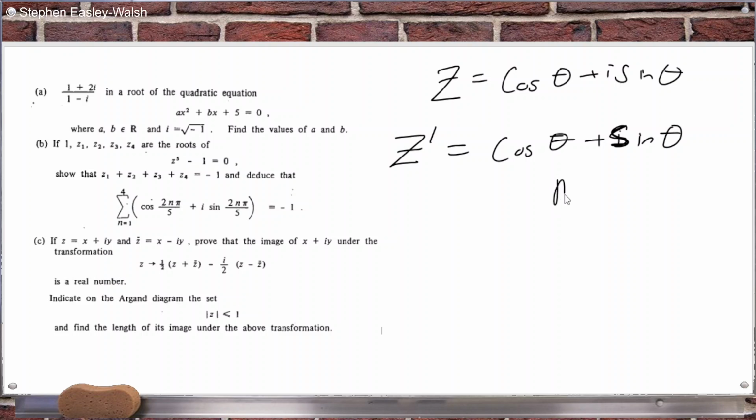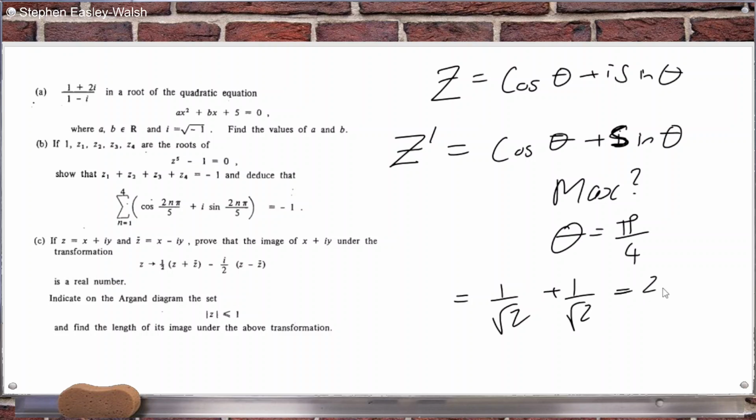So what's the maximum here? The maximum occurs when theta is 45 degrees. So that's 1 over root 2 plus 1 over root 2, which is 2 over root 2, which is root 2. So, yeah, interesting.